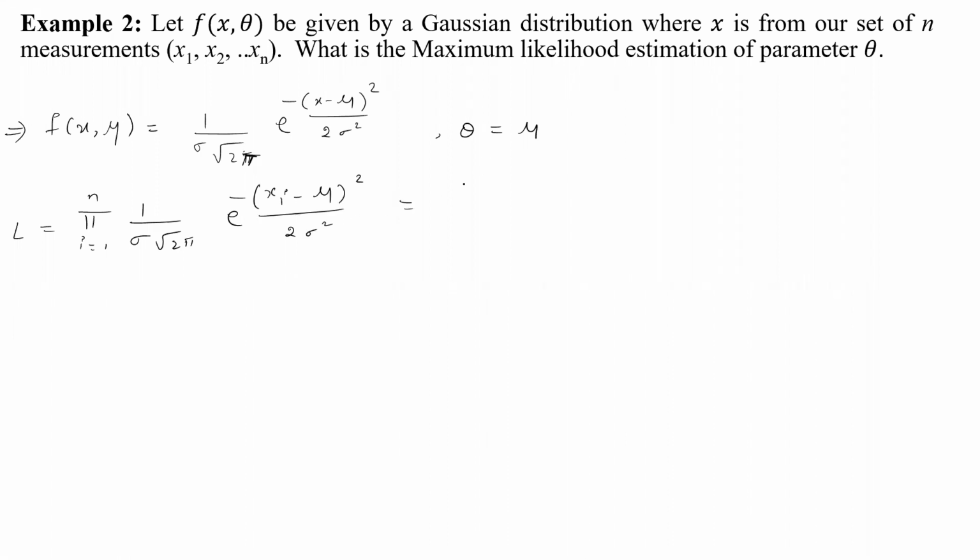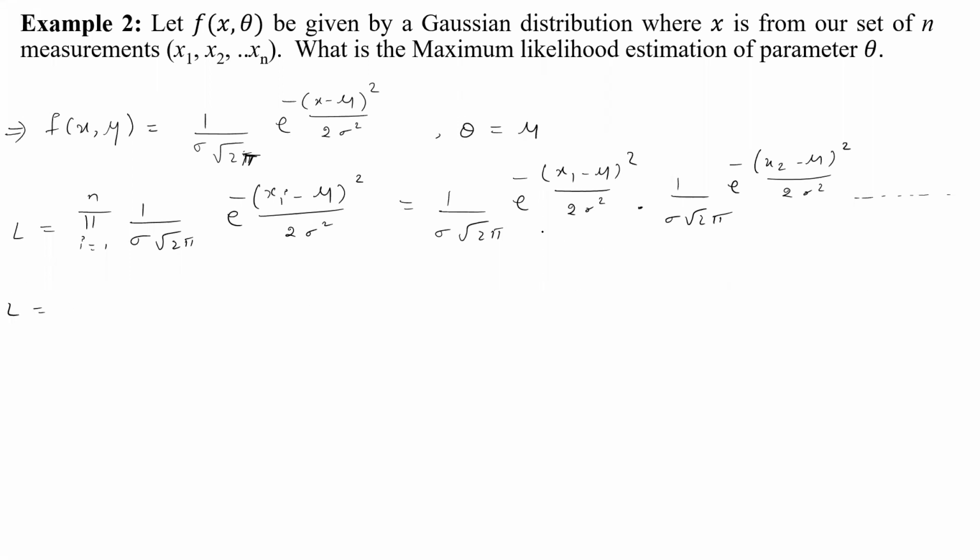So if you break this, you will get 1 by sigma root 2 pi e power of minus x1 minus mu whole square divided by 2 sigma square. The next product will be 1 by sigma root 2 pi e power of minus x2 minus mu whole square by 2 sigma square and so on. It will continue. So the likelihood function here, you can see 1 by sigma root 2 pi, 1 by sigma root 2 pi is multiplying up to n times.